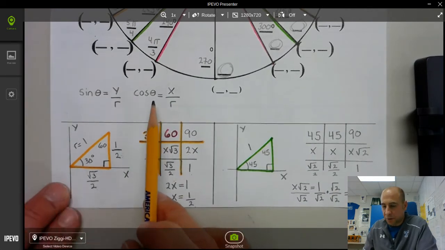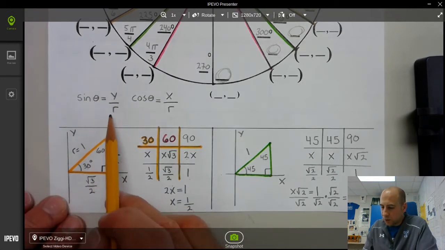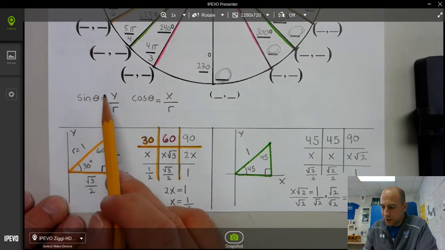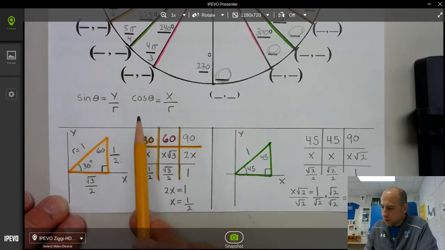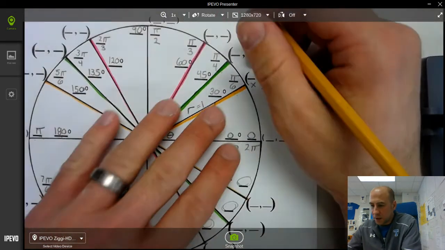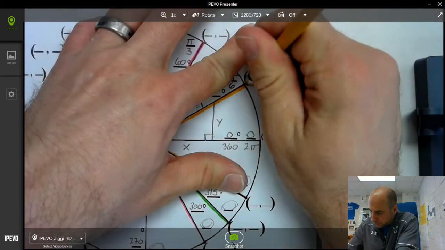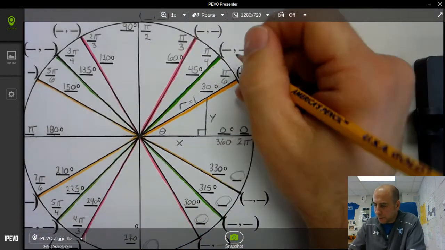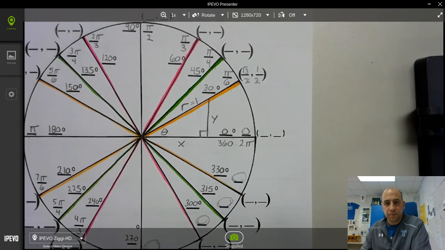But remind me in class and I'll talk about tangent. Okay? All right, so now we know that sine is y over radius, which radius is 1. So really sine is the y value and cosine is the x value. Okay, so in this case, the x value is square root of 3 over 2, and the y value is 1/2. Okay, so this point is square root of 3 divided by 2, and this is 1/2. Okay, all right.